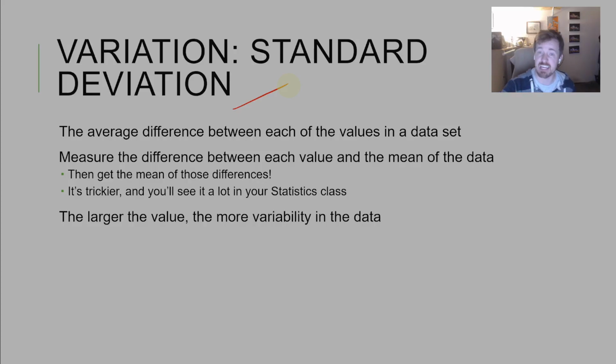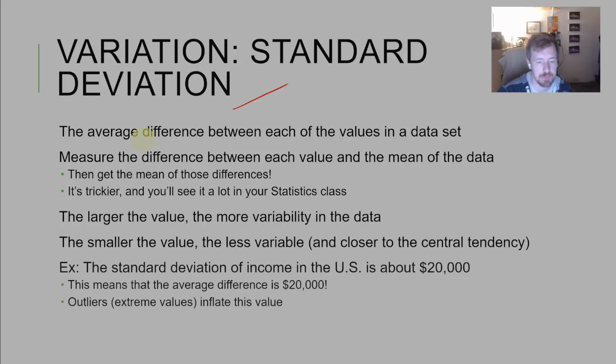If your standard deviation is very small, your values are very close to one another. If it's very large, there's a lot of variability in your data, and your values are quite different from one another. It's kind of like the average distance or difference between the values in your data set.